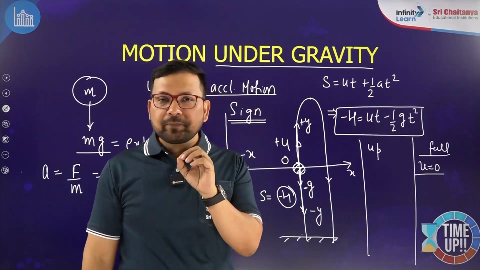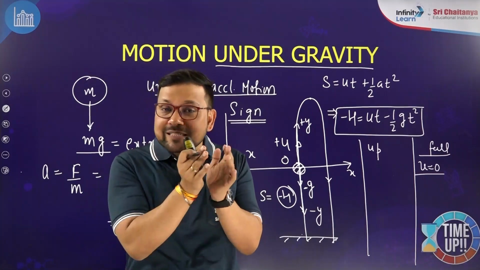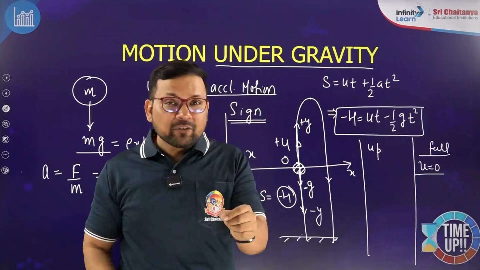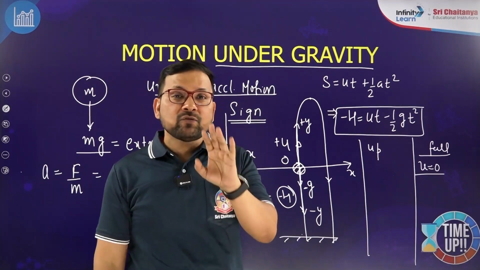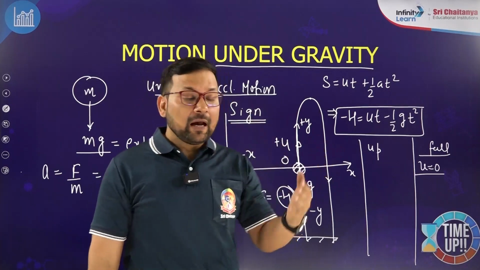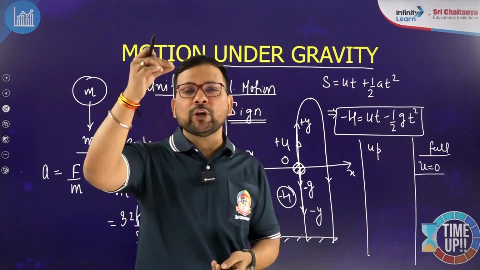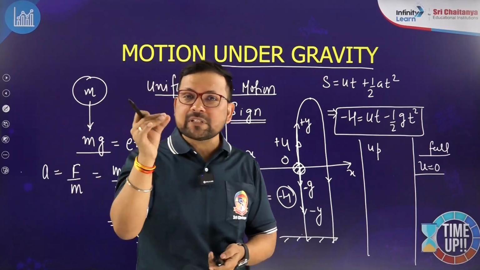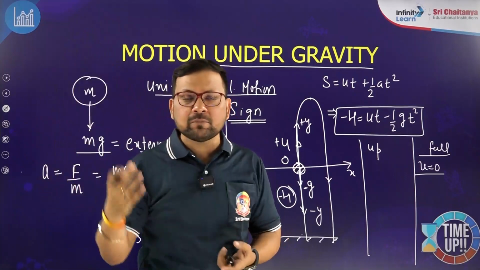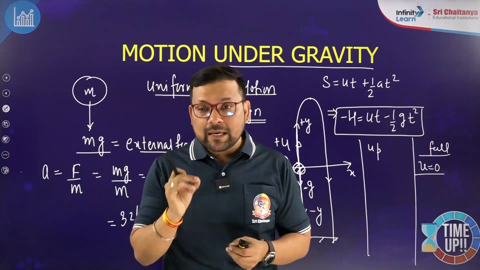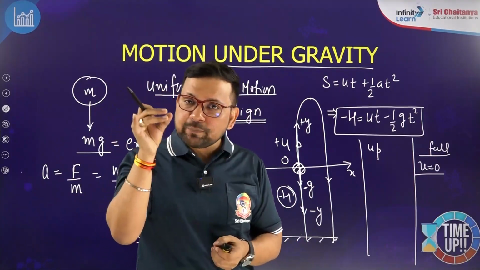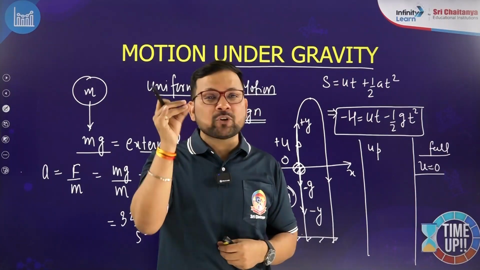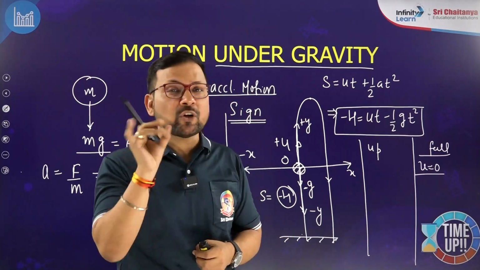Initial velocity means what? Initial velocity means when your motion has started, just before that, motion has started. Starting velocity is not initial velocity. It's the velocity before the start. And before the start, if I am dropping a coin from a bus, dropping a coin in a moving lift, dropping something from a moving aeroplane or some moving frame, then before I have dropped, that pebble, that particle, that coin was in a moving frame. It means when I'm dropping, initial velocity is not 0.